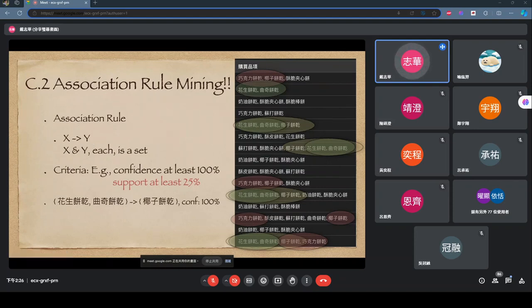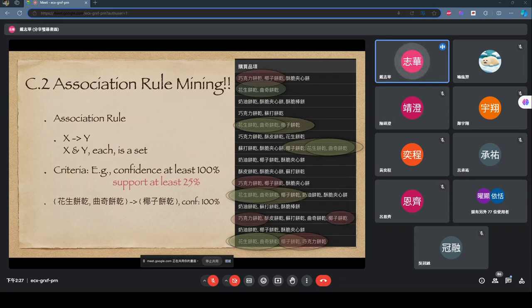And X could be an item set, Y could be an item set. So X is not a single variable. So do Y. Y could also be an item set or a sequence, not just a single variable.